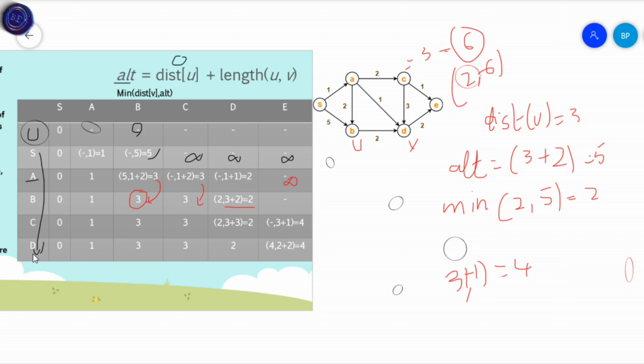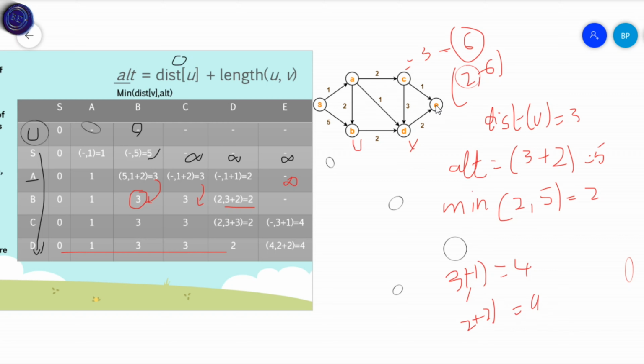From D to the remaining nodes, there are no directions, so the same distances are copied from here to here. Coming to D to E, yes, we have the distance. What is the cost of D? Its value is 2. So 2 plus the distance from D to E, which is 2, so the total distance becomes 4.